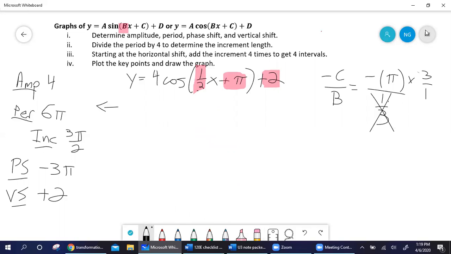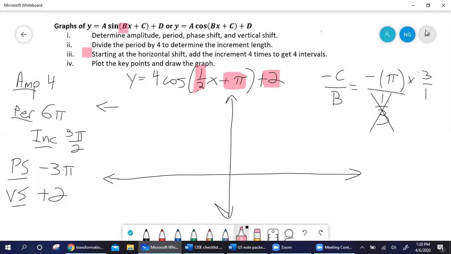So for my graph, I'm going to draw it something like this. So starting at the horizontal shift, which again is to the left 3 pi.